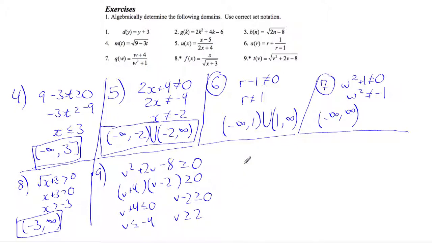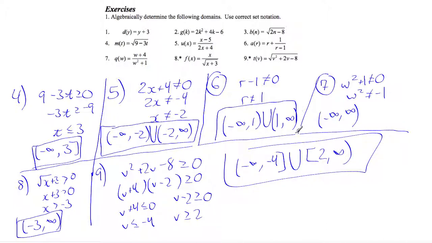So what we get is we're going to have negative infinity to -4, and then union. Whoops, I need my brackets because I can equal. So everything less than -4, including -4, and also 2 to positive infinity. And so those are my answers there in interval notation.